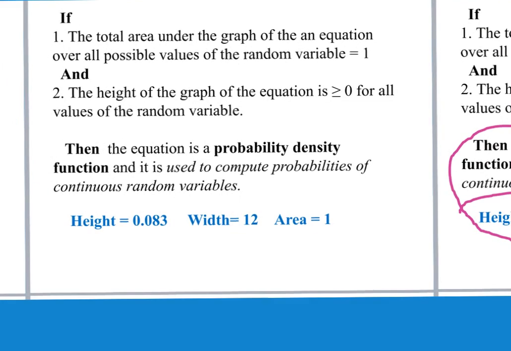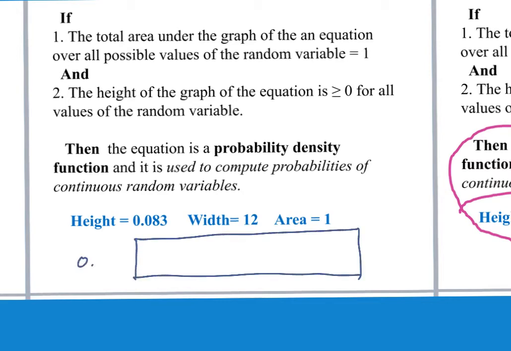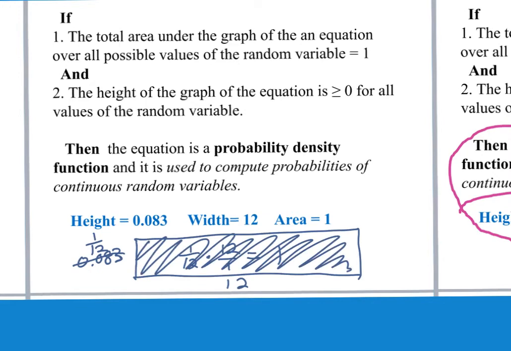So the probability density function that we were working with, okay, had a height, once again, of 0.083, a width of 12, and if we express this as 1/12 instead of 0.083, once again, it is very easy to see that the area within there is 1, and that whole area was a probability density function.